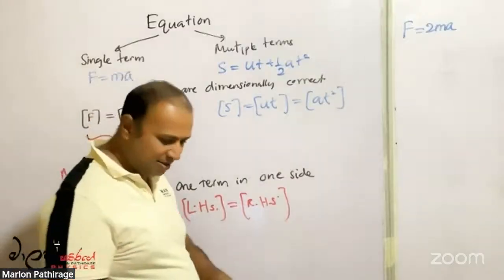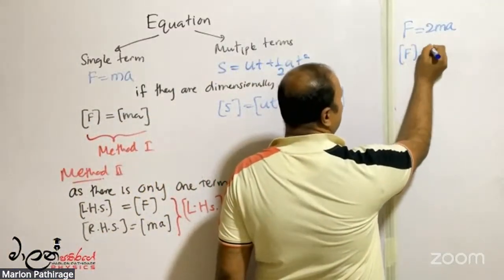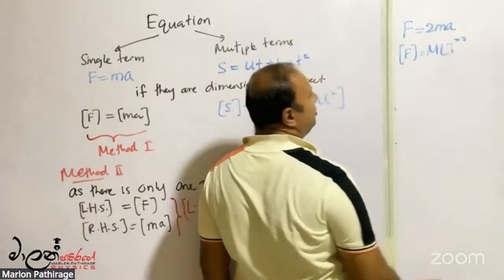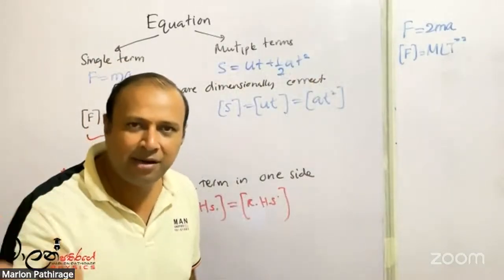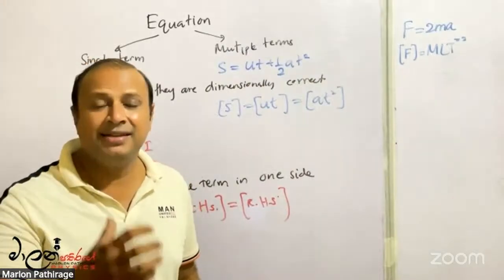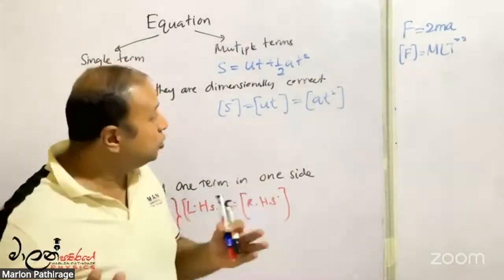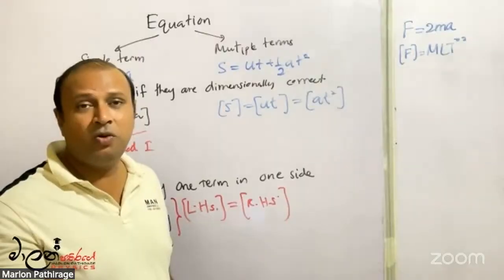The dimension of F is MLT to the power minus 2. You know there is no dimension for a number. As numbers do not have dimension, 2 has no dimension.